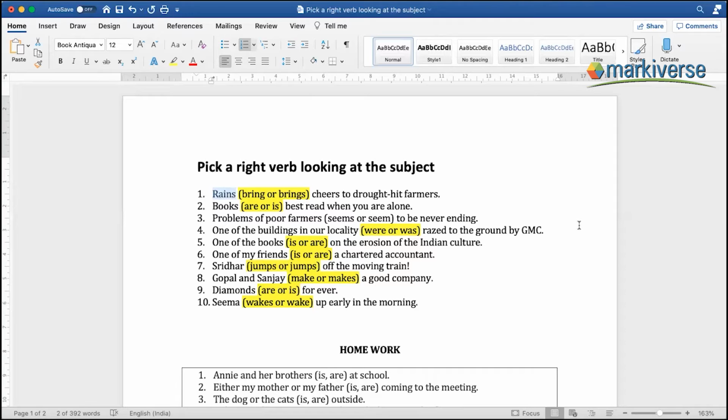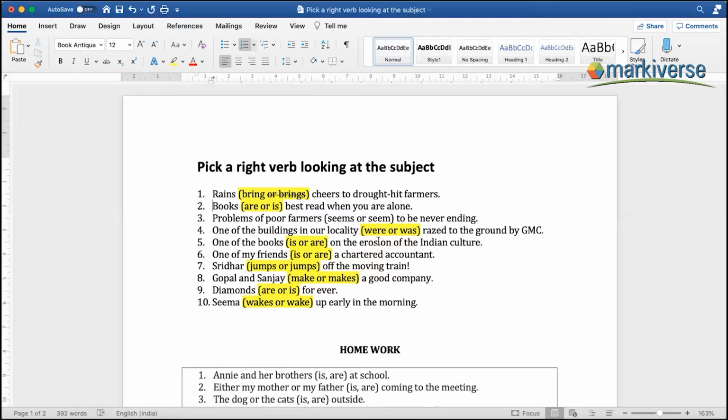Singular means one, plural means two or more. Though there is s at the end, it means plural. So you should match with the plural verb, which is bring, not brings. So I'm going to strike brings. Rains bring cheers.